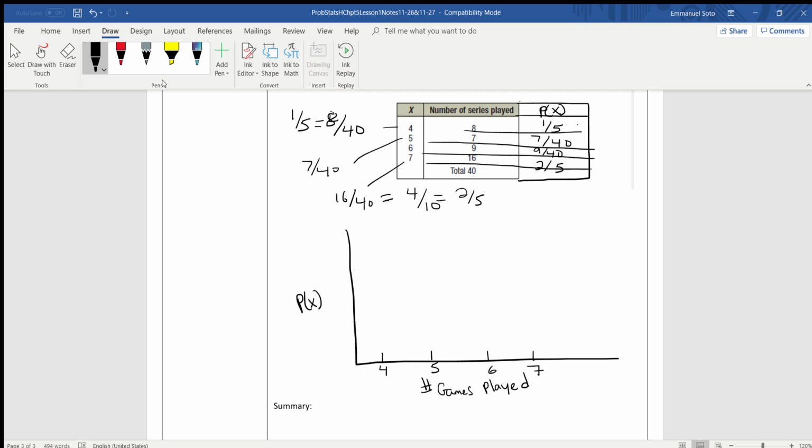So 1 out of 5 is the same thing as 0.20. 7 out of 40 is 0.175. 9 out of 40, 0.225. And then 2 out of 5 is 0.40, or 0.400.